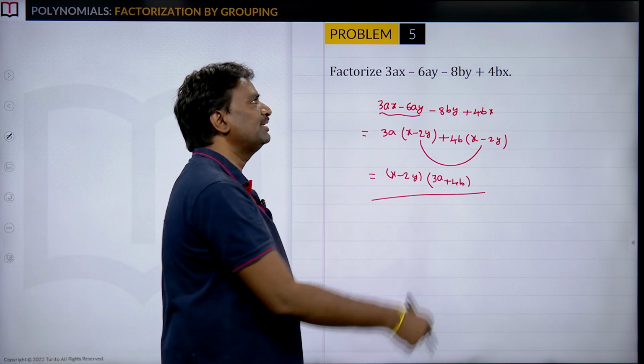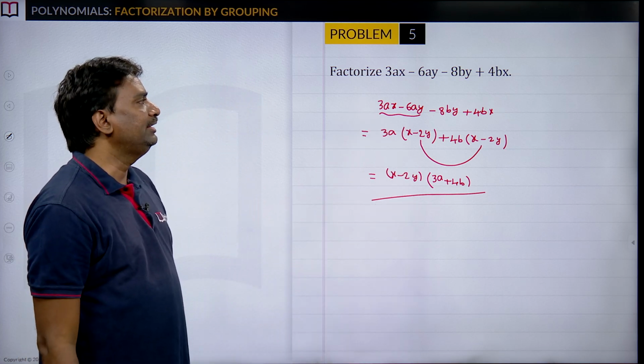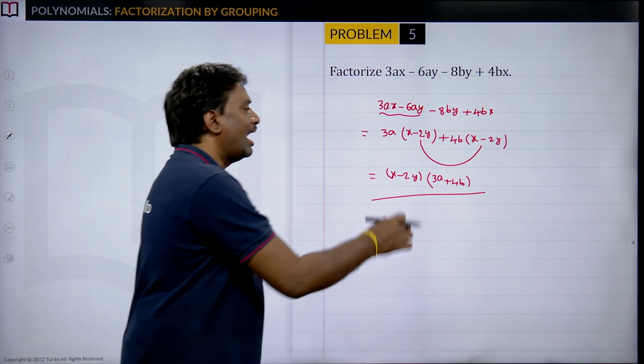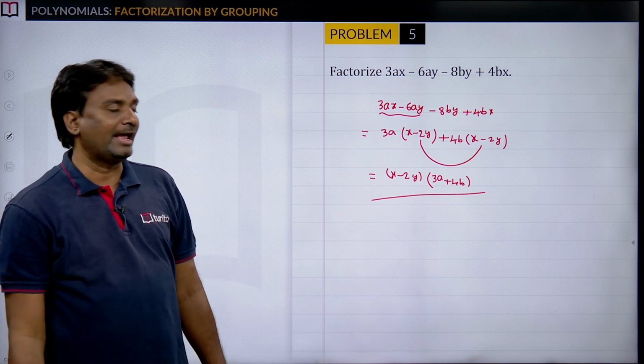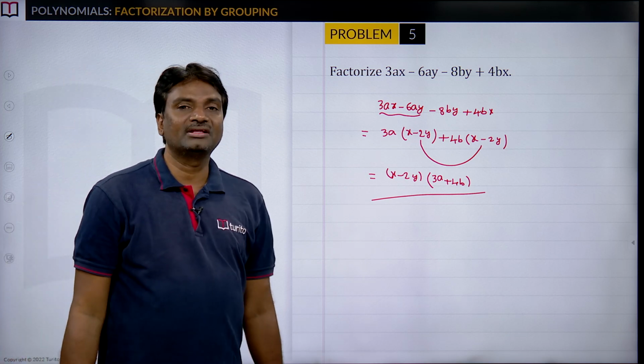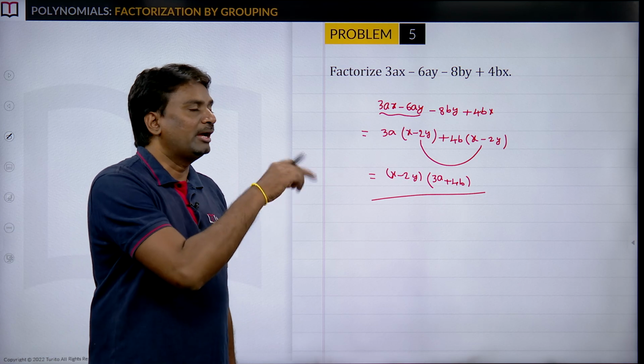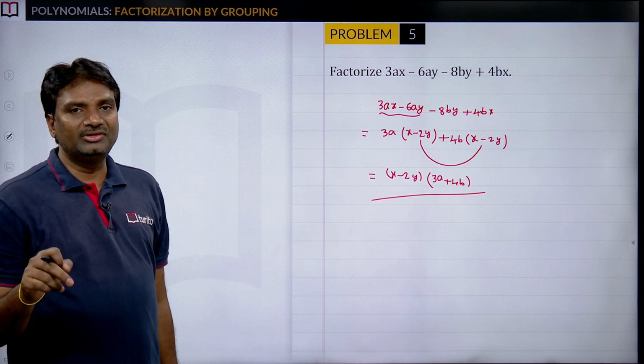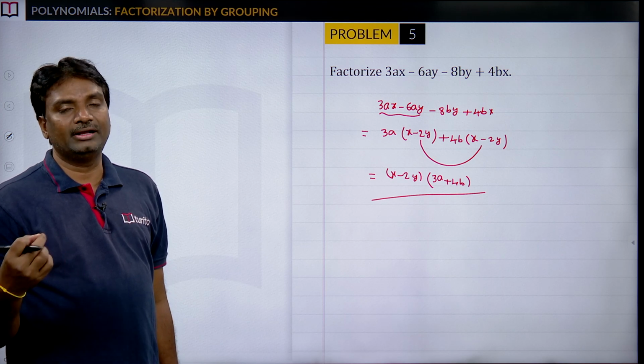So, we have expressed the given polynomial 3ax minus 6ay minus 8by plus 4bx as the product of two polynomials like this, x minus 2y into 3a plus 4b. So, by observing all these problems, clearly we can say all the terms of the given polynomial do not have a common term.